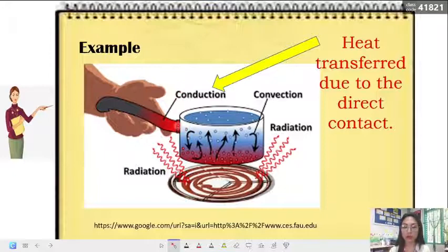If you notice the color, it becomes red because as the body of the pot becomes hot, the heat is being transferred to the handle because the handle is attached to the body of the pot, so there is direct contact. So that's how conduction happens. So the heat from the body of the pot is being transferred to the handle. That is why if you hold or touch the handle of the pot, it is really hot. Okay? Do you understand? So that is how conduction happens.